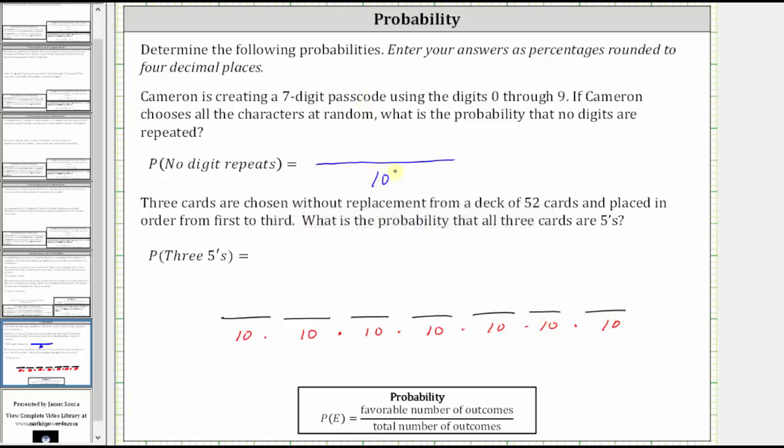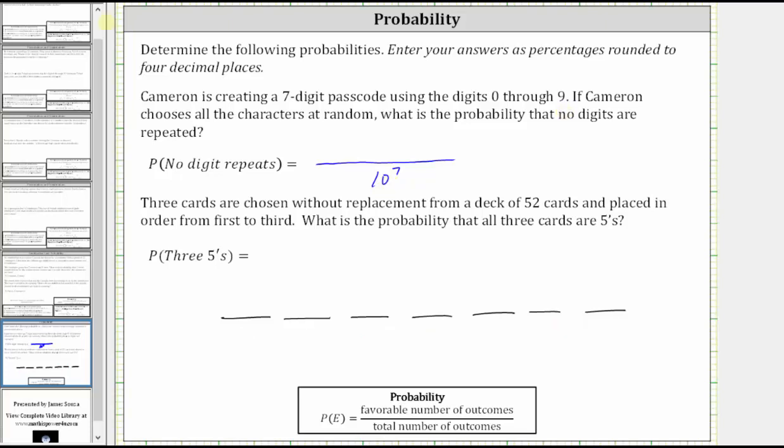So that's the denominator of the probability, which is the total number of outcomes, or total number of 7-digit passcodes using these digits. And because we're looking for the probability that no digits are repeated, we now need to find how many passcodes are possible if repetition is not allowed.